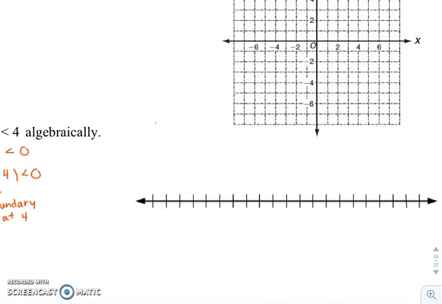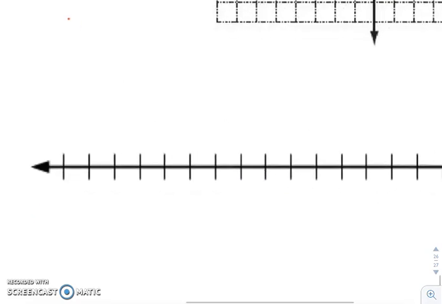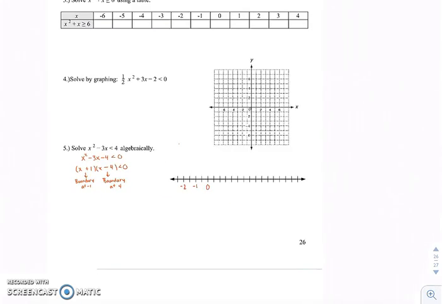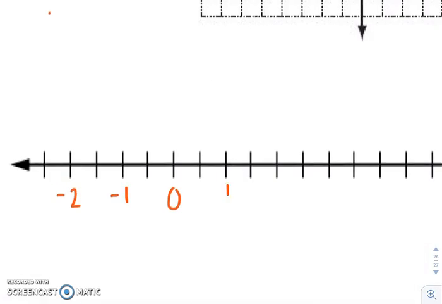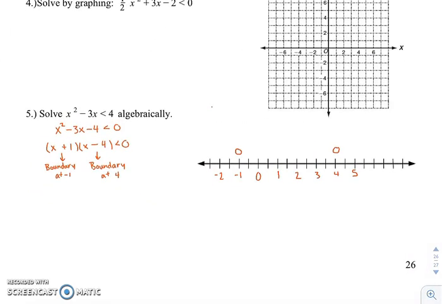So, on your number line, 0, negative 1, negative 2, 1, 2, 3, 4, 5. It's just less than, so they're both going to be open. We just have to figure out, are the solutions inside of there or are the solutions outside of there?